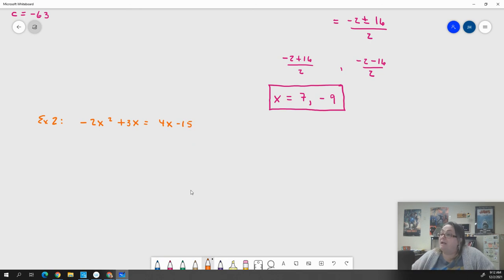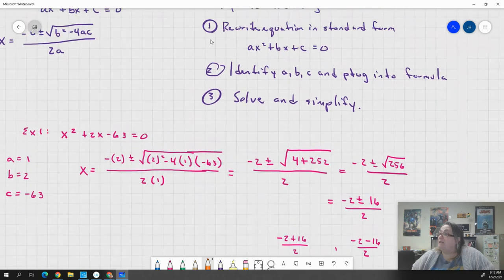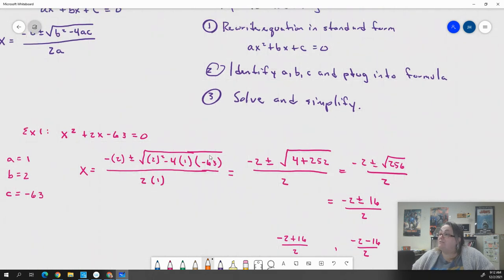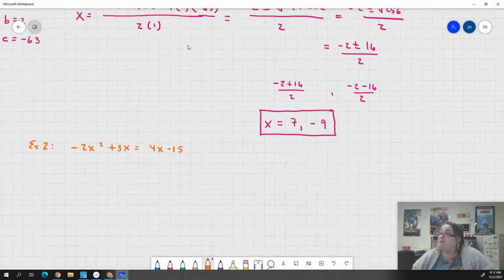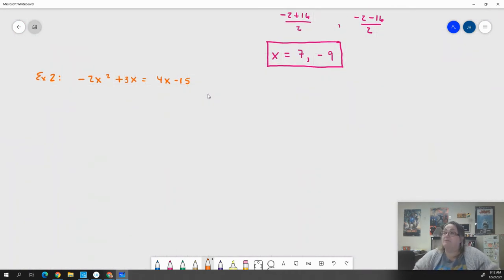The first thing that I have to do with this problem, if you recall, is rewrite that equation in standard form. I need that set equal to 0, right? And how am I going to do that? I'm just going to move these pieces over. I have positive 4x, so I'm going to subtract 4x from each side. I can do both pieces at a time, but I'll separate it just so you can see.